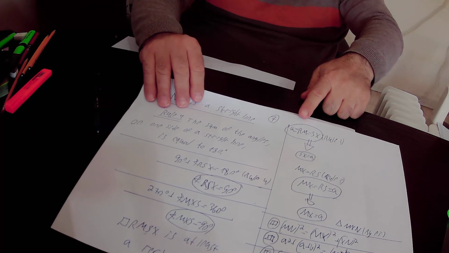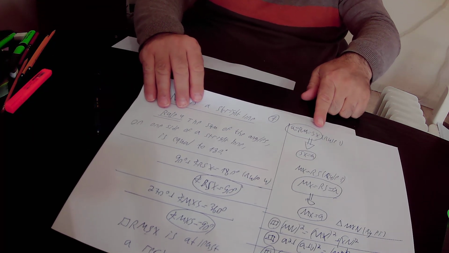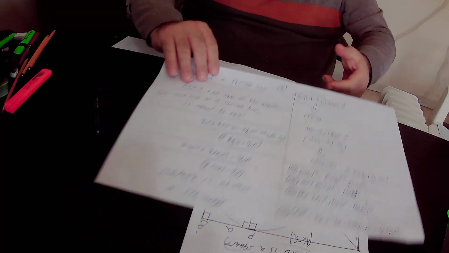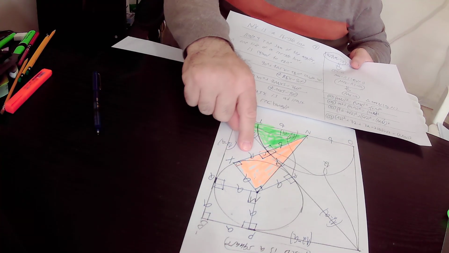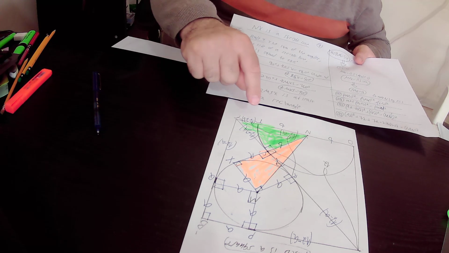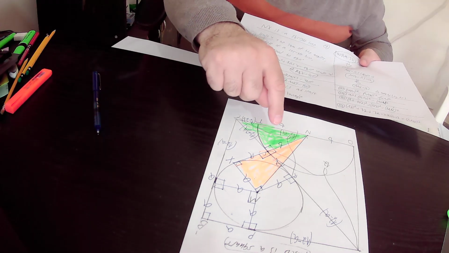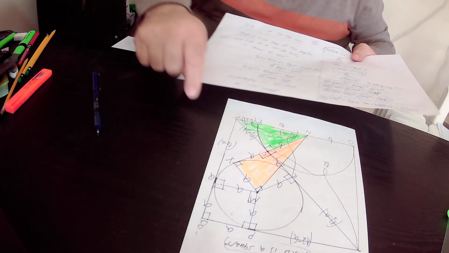So from this equation A equals RM equals SX, we will derive that SX is also equal to A. Likewise, according to rule number 3, in rectangle RMSX, RS must be equal to MX.